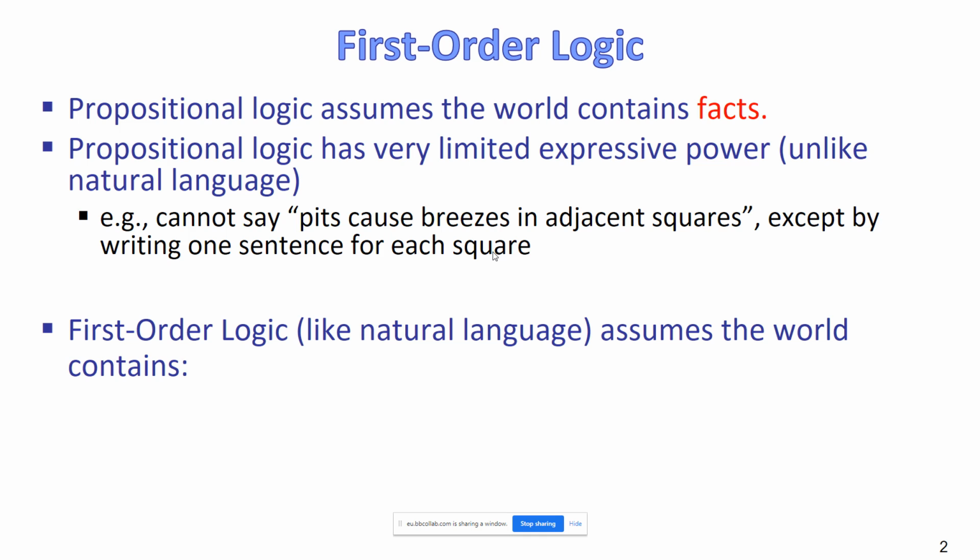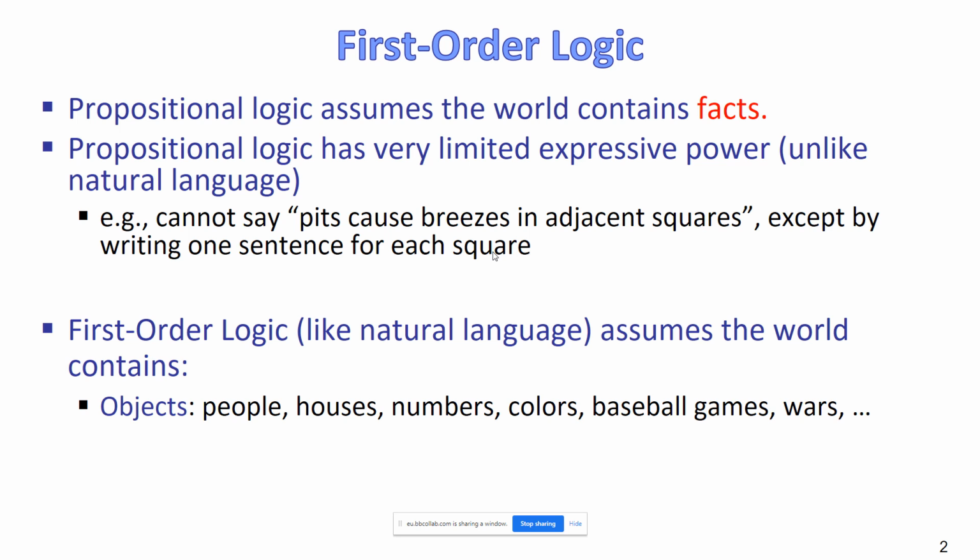So first order logic assumes that the world contains three types of entities. The first thing is objects, like people, houses, chairs, colors, monitors, boards, food, desks. All of these are objects that we talk about in real life.